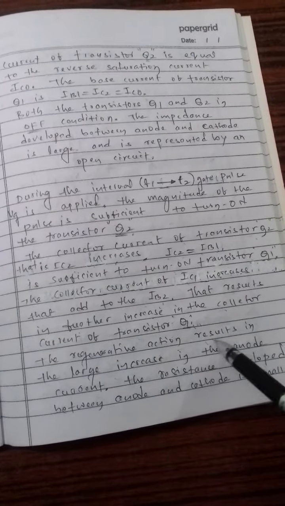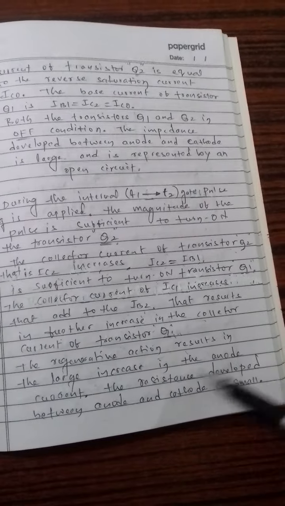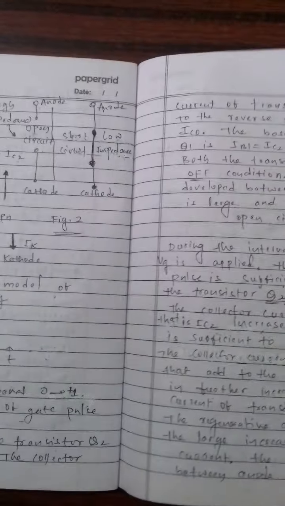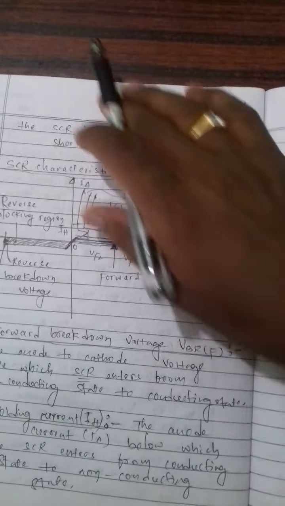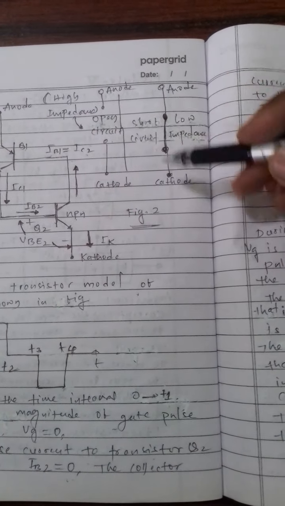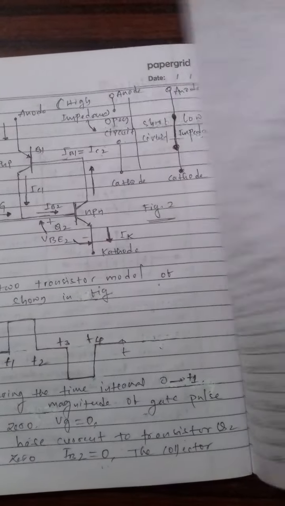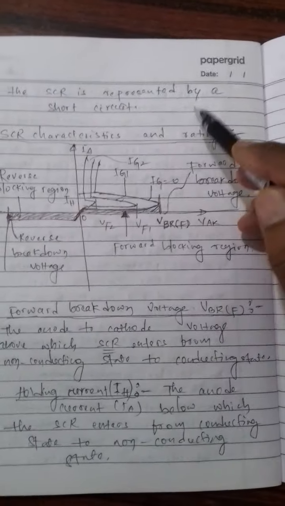The regenerative action results in a large increase in the anode current. The resistance between the anode and the cathode is small. The SCR is represented by a short circuit between the anode and the cathode, and it is under the on condition.